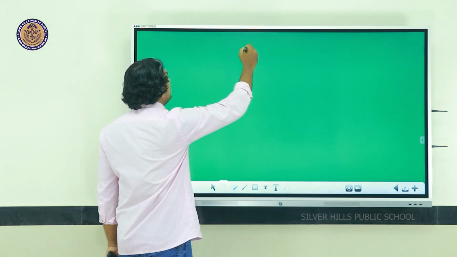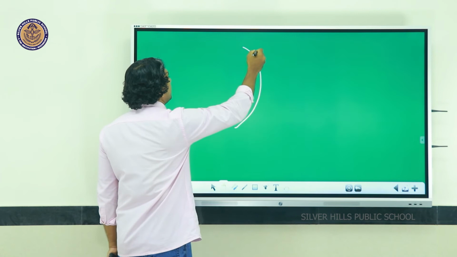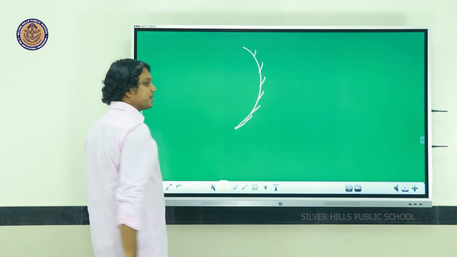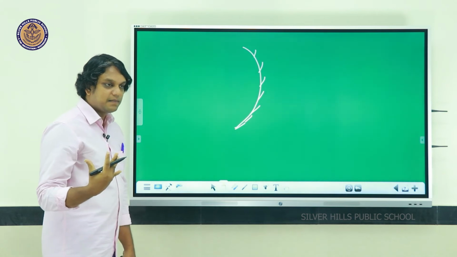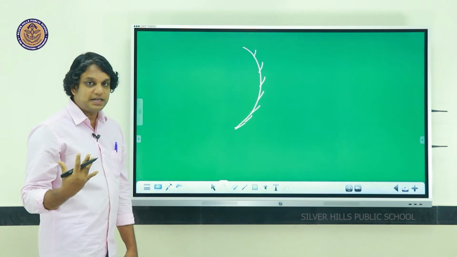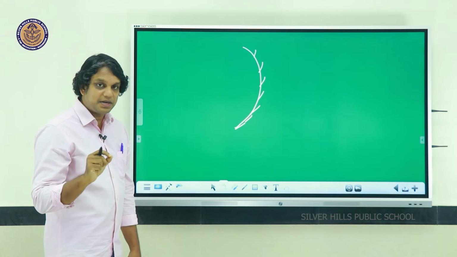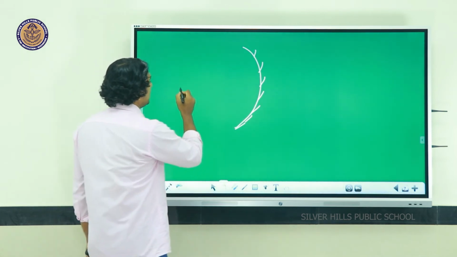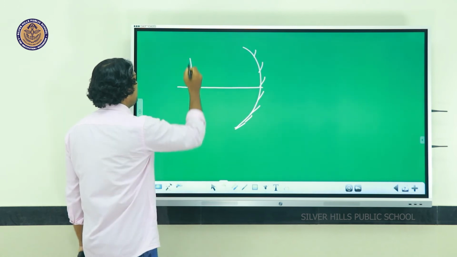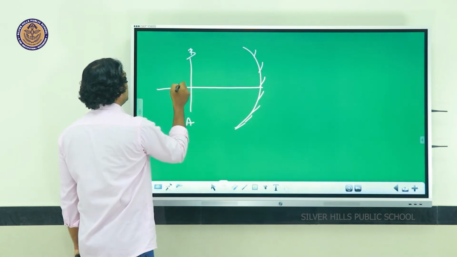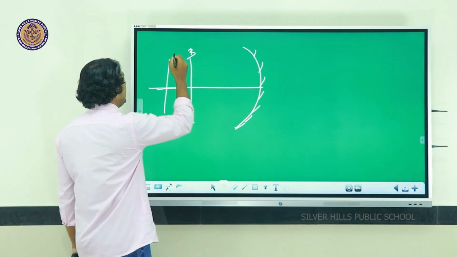For example, we have a concave mirror, and if parallel beams of light are coming, then we know those light rays will be focused to a single point, that is the principal focus. Okay. So, suppose AB and CD.